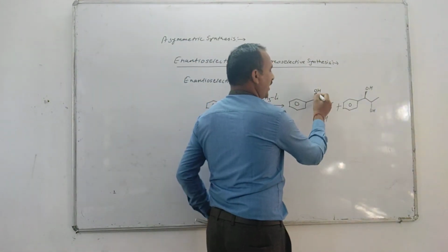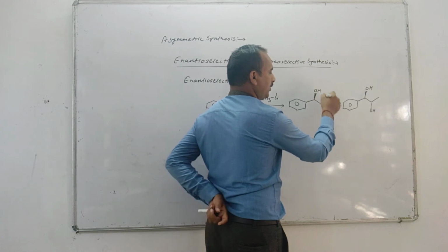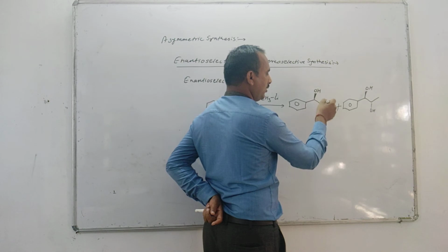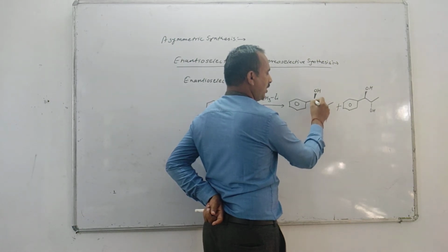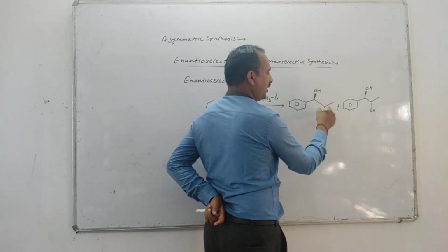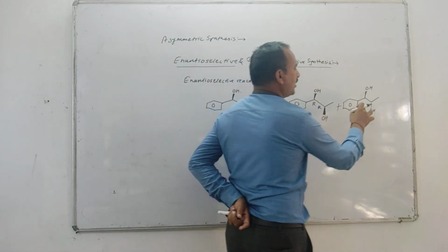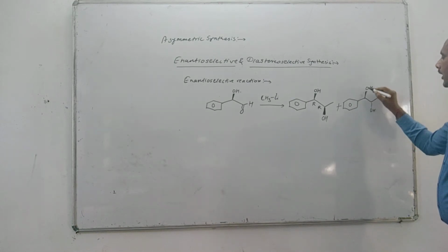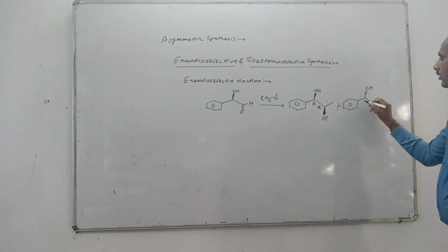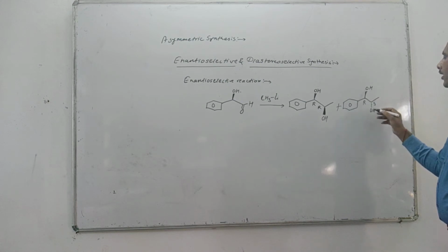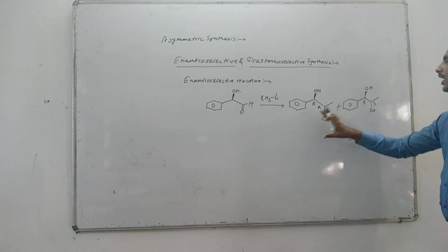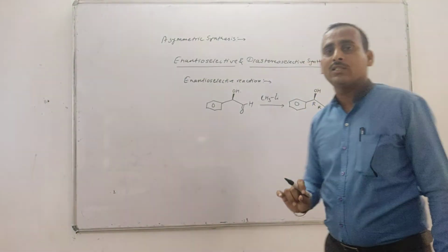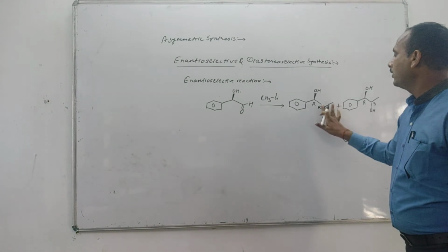Now see here, this configuration is R, and this configuration is also R, and this configuration is R or S. So RR is converted to RS, meaning these are diastereomers.